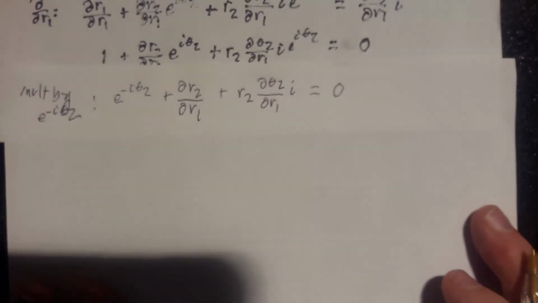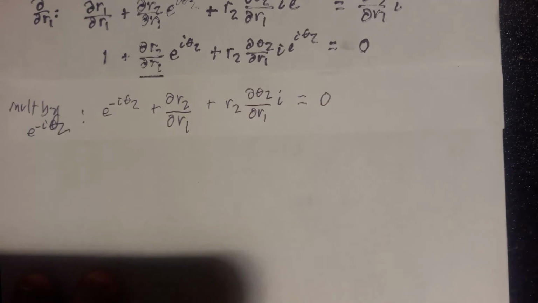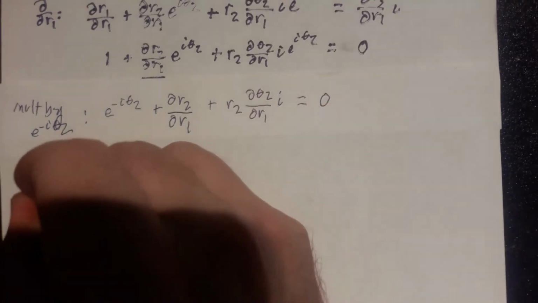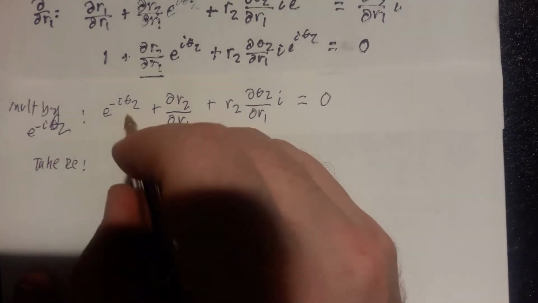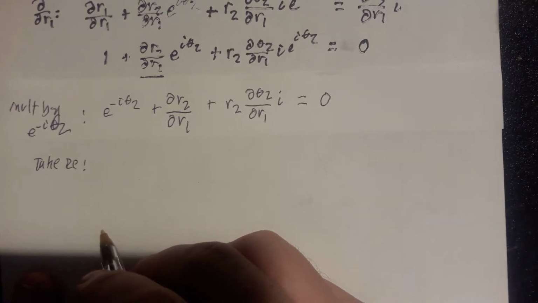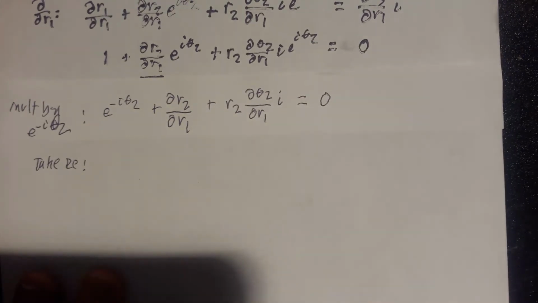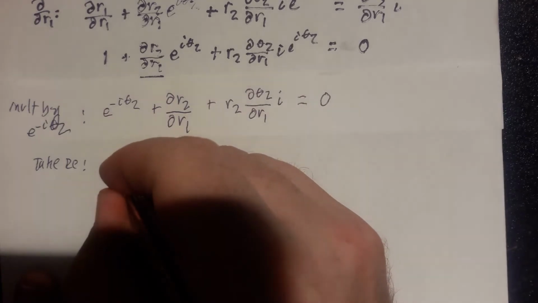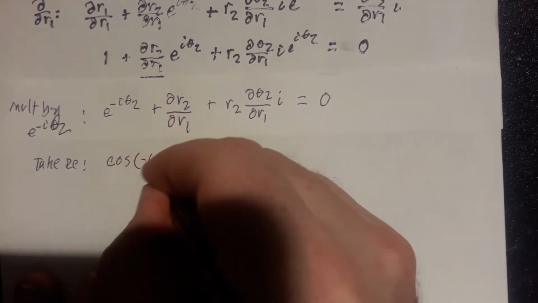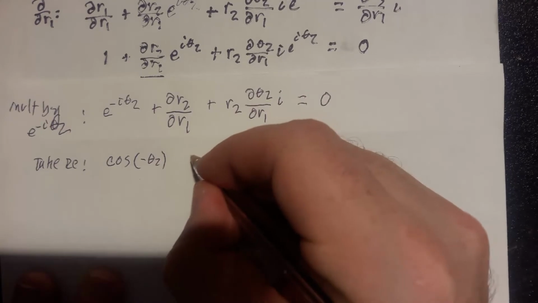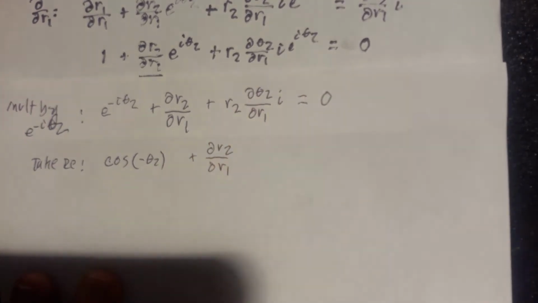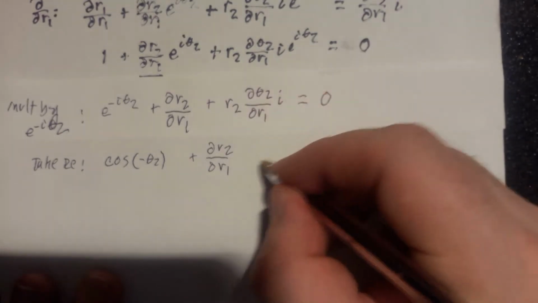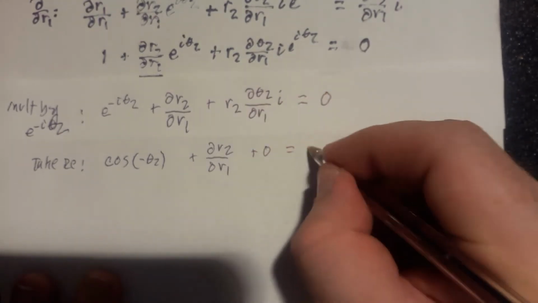Now, the next thing we want to do is take the real part of that equation. That will give us the real part of e to the i theta 2 minus theta 2, which is just the cosine of minus theta 2, and then plus dr2/dr1, and this term goes to 0 because it's pure imaginary.